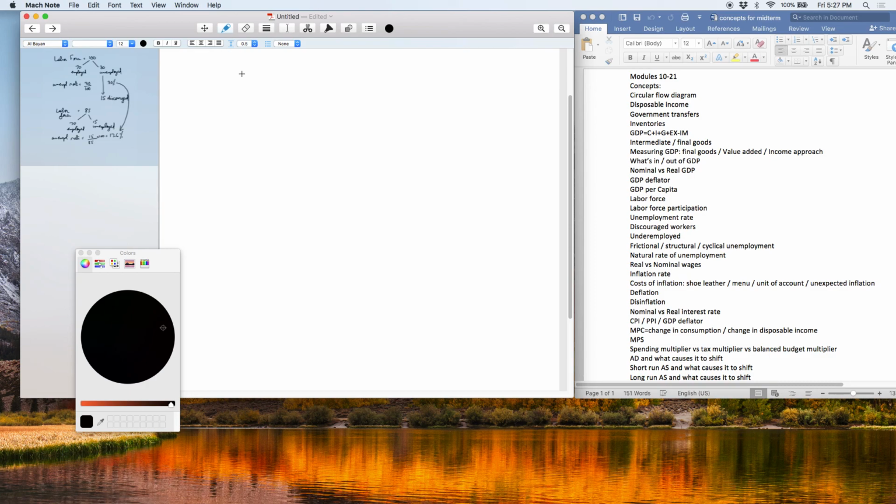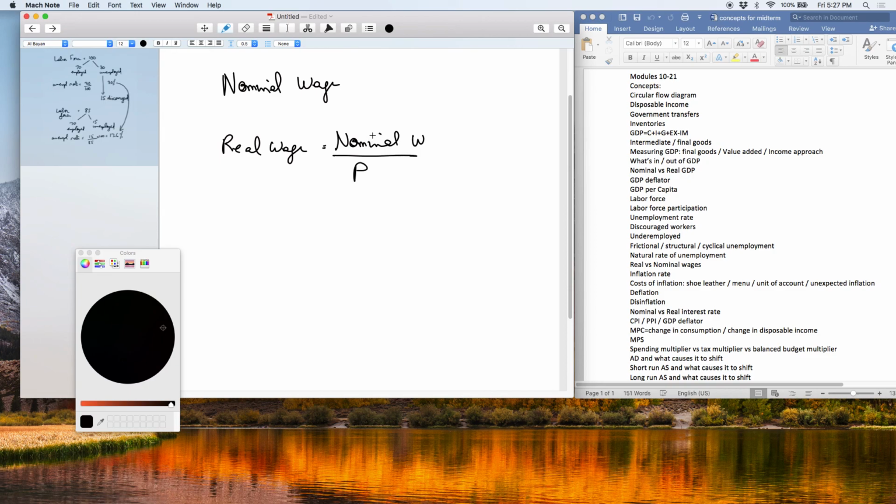Real versus nominal wages. Nominal wage is what you get paid. That's what's on your checkbook, or that's what's on your paycheck. Okay? Real wage is how much the nominal wage can buy with that money, right? So it's your nominal wage divided by the price level, right?